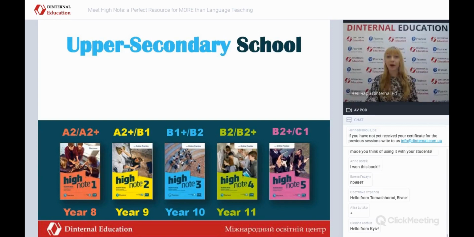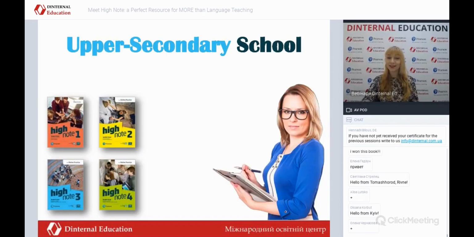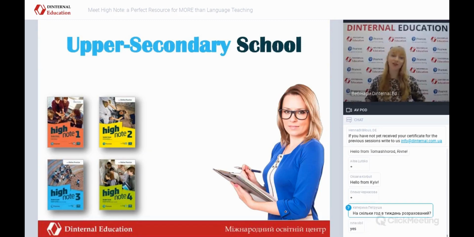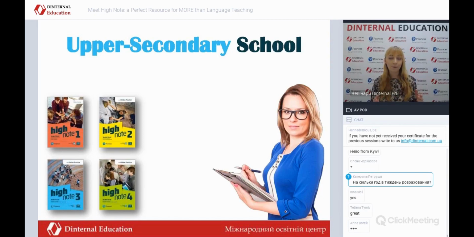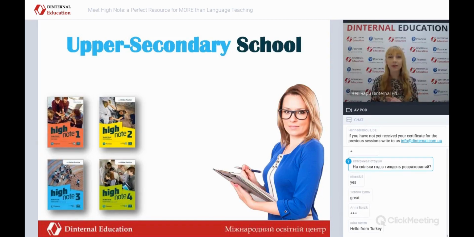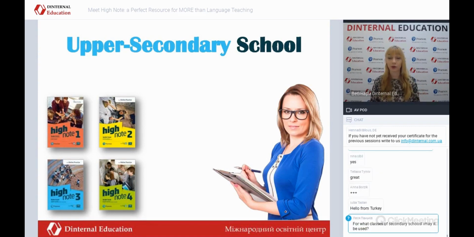And again, we are talking about teaching in upper secondary school. And I think that there are lots of teachers of upper sec here in the room. So this is you. This is a representation of a typical upper secondary school teacher. And let's think what is on her list when she's choosing a resource for upper secondary school.